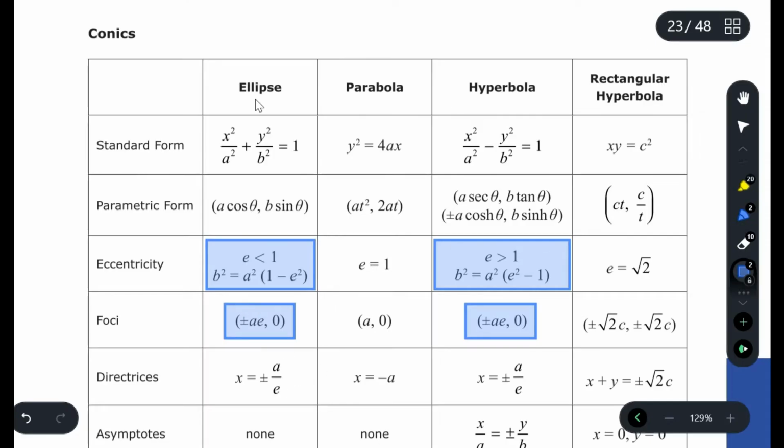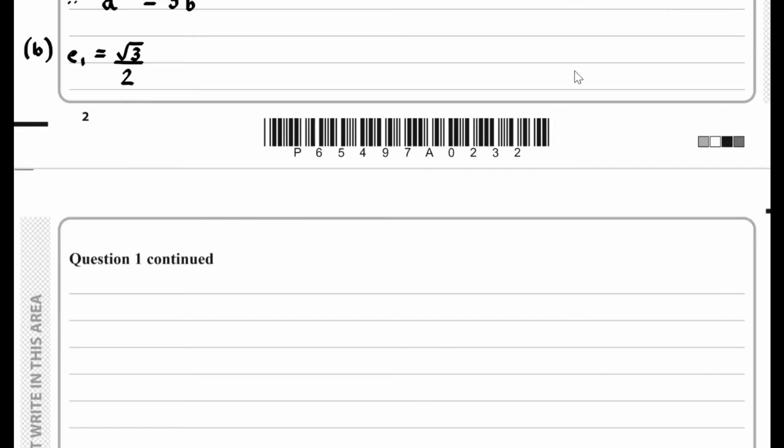And we know that for an ellipse and a hyperbola, the foci are given by plus or minus ae, 0. And we have the same foci for both the ellipse and the hyperbola. So the coordinates will be given by plus or minus ae, 0.